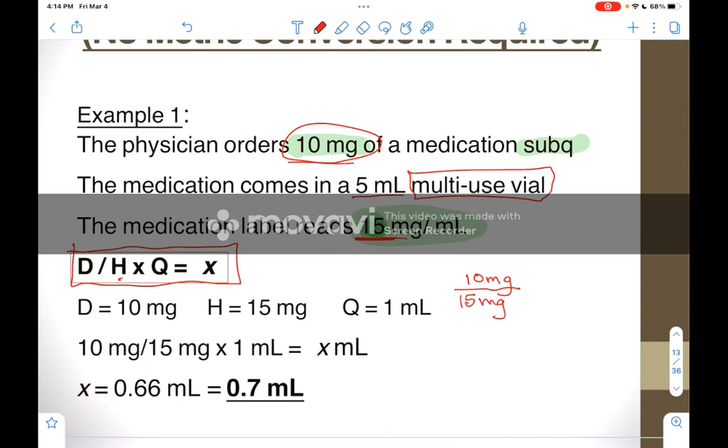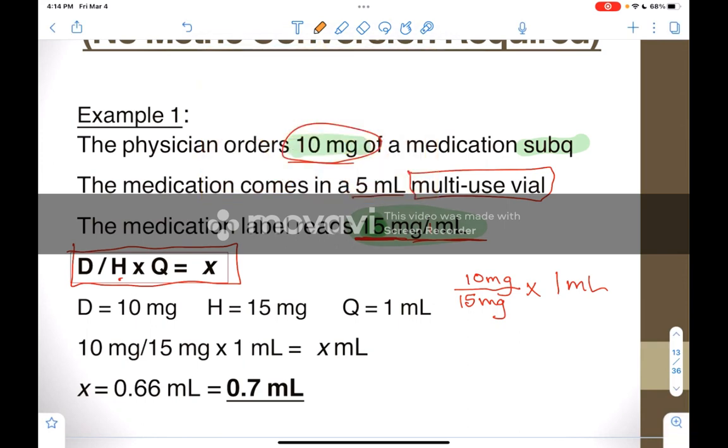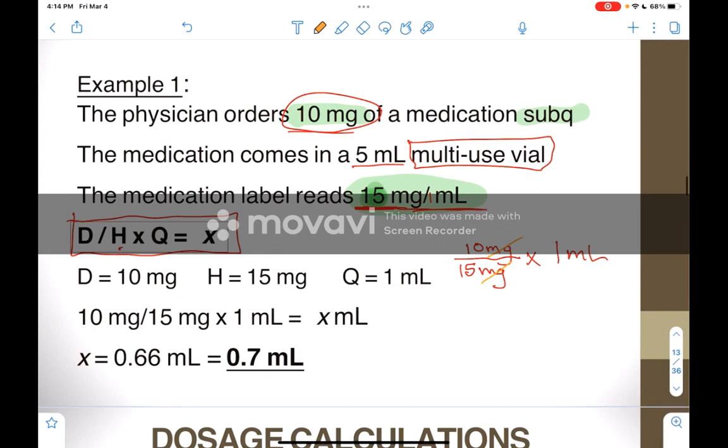Now we're going to multiply that by the quantity that we have. So for each 15 milligrams, it's 1 milliliter. So we're going to multiply that times 1 milliliter to get our amount. Now, these cancel each other out. Milligram and milligram cancels out. And so we just have to do 10 divided by 15.